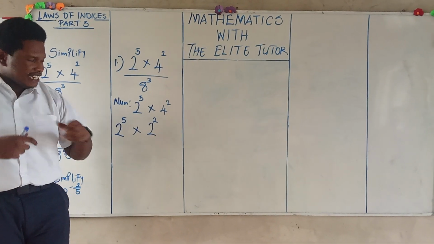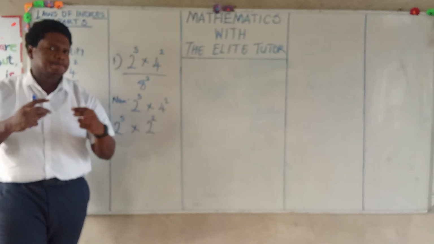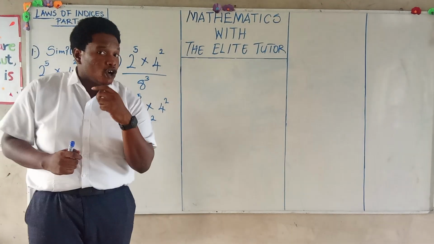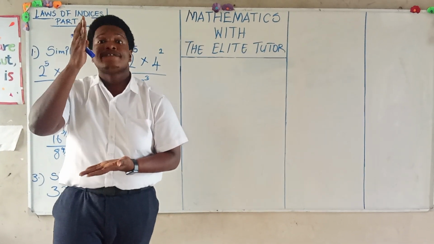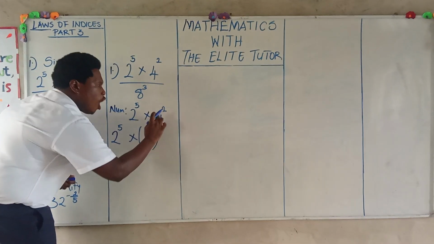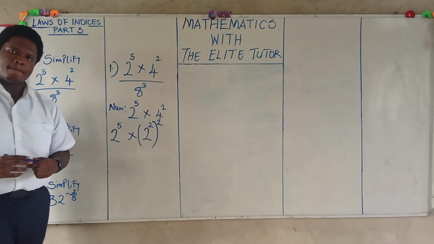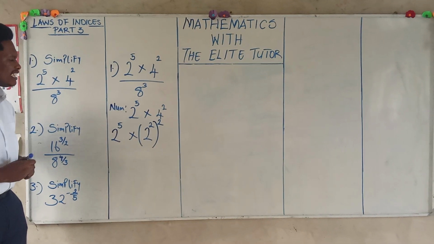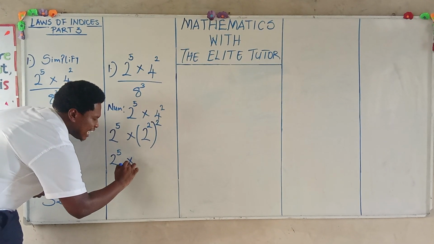That's one. It's a number which has a power which is 2. But wanting to express 4 in terms of 2, it is expressed as 2 raised to the power of 2. So 2 raised to the power of 2, all raised to power these 2.